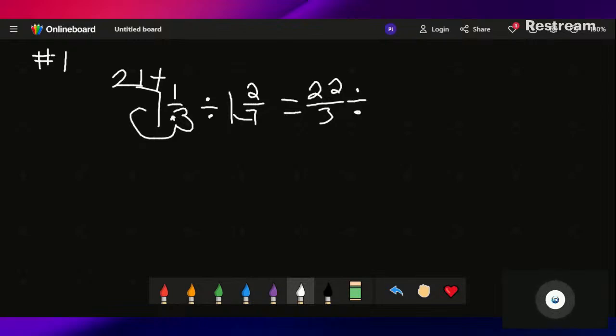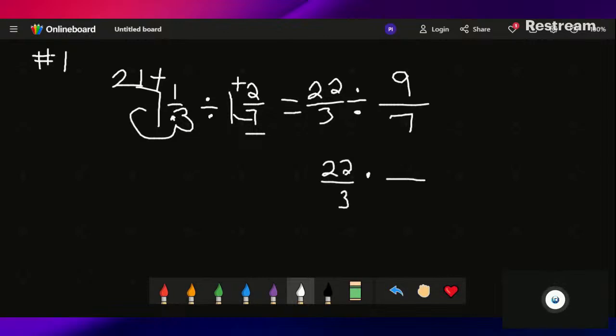7 times 1 plus 2 is 9. Very simple. We're going to keep the same denominator, 7. We're going to bring that over here. Now, this is the one step that's different than multiplying mixed numbers. In this next step, the first number is going to be the same.